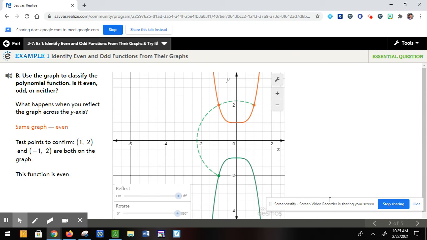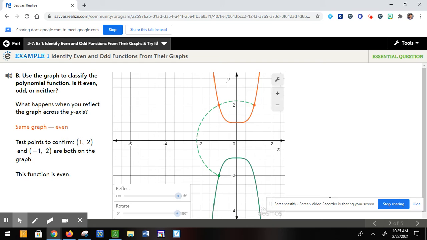A function is considered even if you substitute -x into the function, or evaluate the function for -x, and what you get is exactly what you started with. If you get anything other than the exact opposite or exactly the same as what you started with, then it's neither even nor odd. And that's essentially what's happening with the test points.